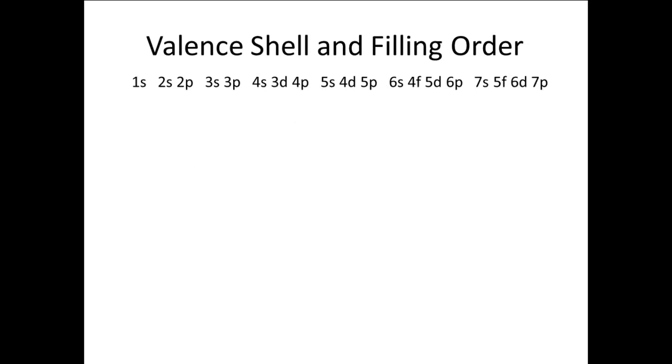Let's pause for a moment and make note of a couple of things that relate to the filling order. First of all, each of the groups in the filling order corresponds to one of the rows of the periodic table. Row 1, row 2, row 3, row 4, row 5, row 6, and row 7.